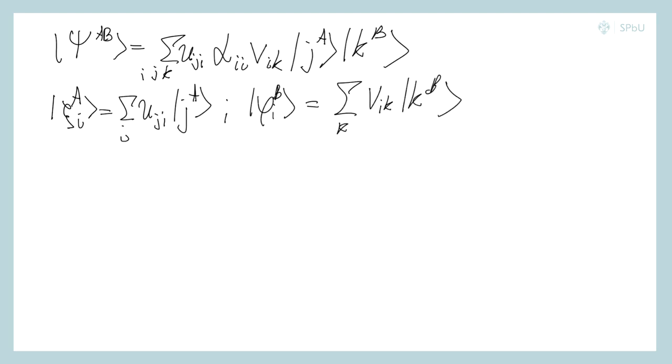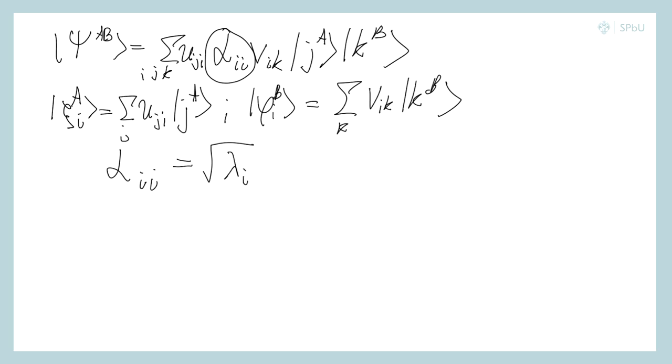This is just a redefinition of our basis. And now, since the alpha ii are non-negative, we can redefine them: let us denote alpha ii by square root of lambda i.